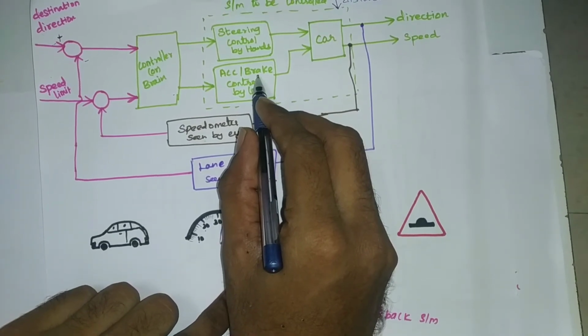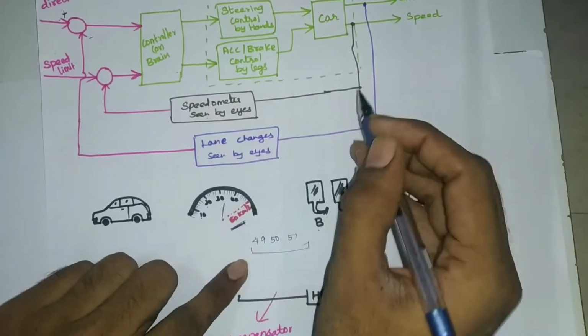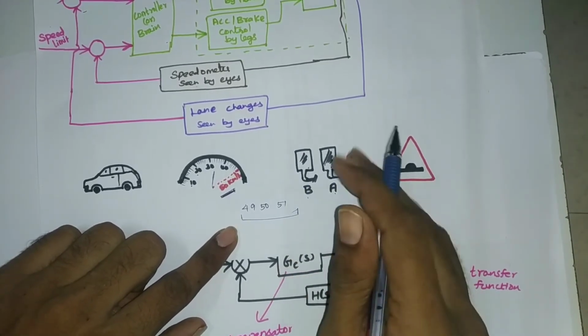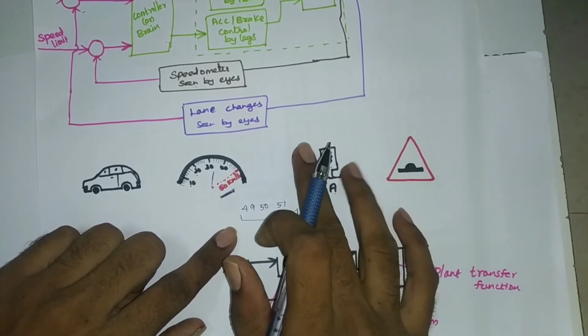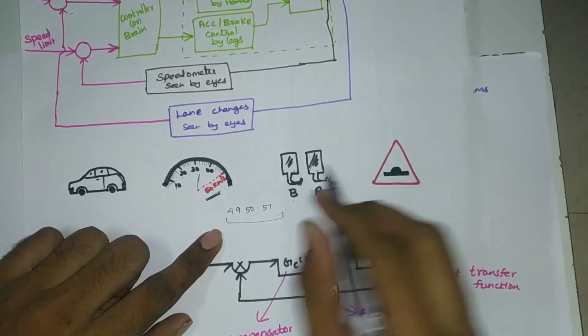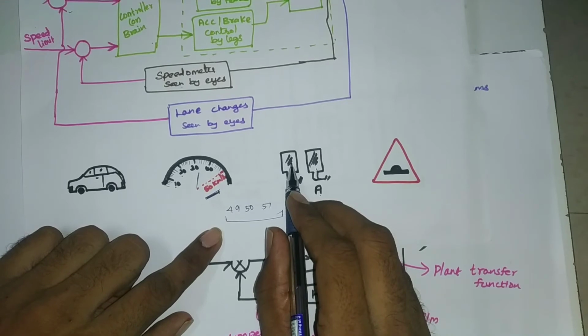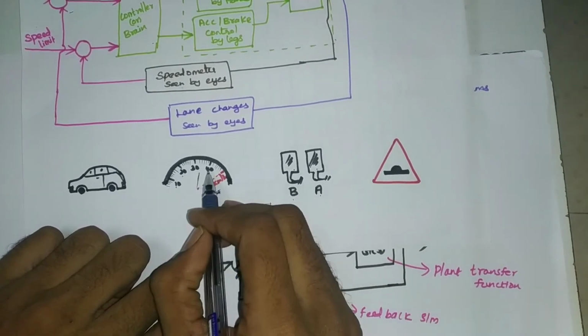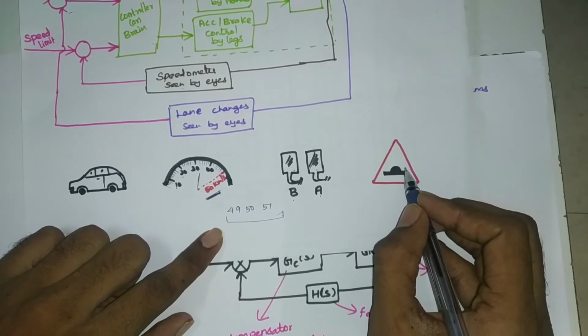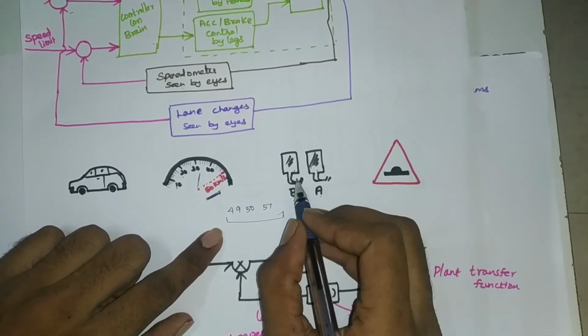Apply brake. This is the control signal given by the brain. Now the accelerator is released and we are applying the brake. While crossing the speed breaker, we will apply some amount of brake. Whatever the speed may be, we will not give acceleration at that time. We will give some brake.